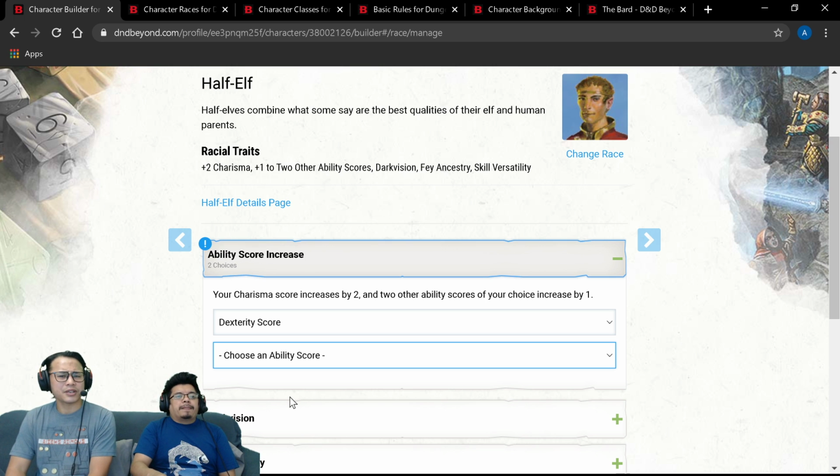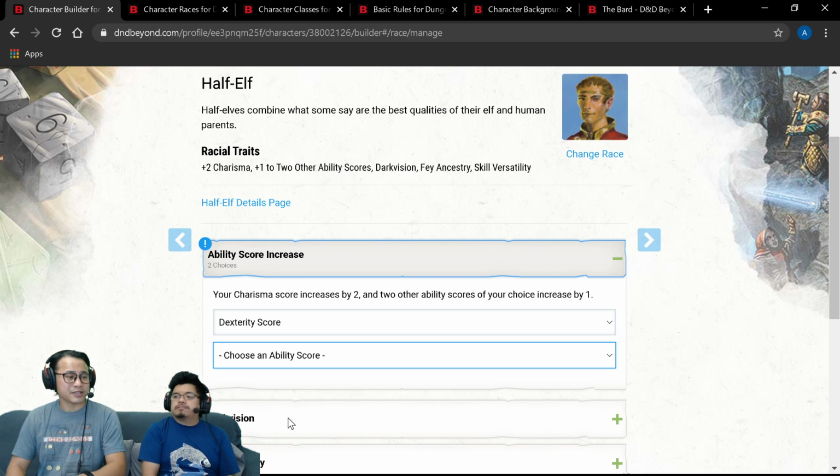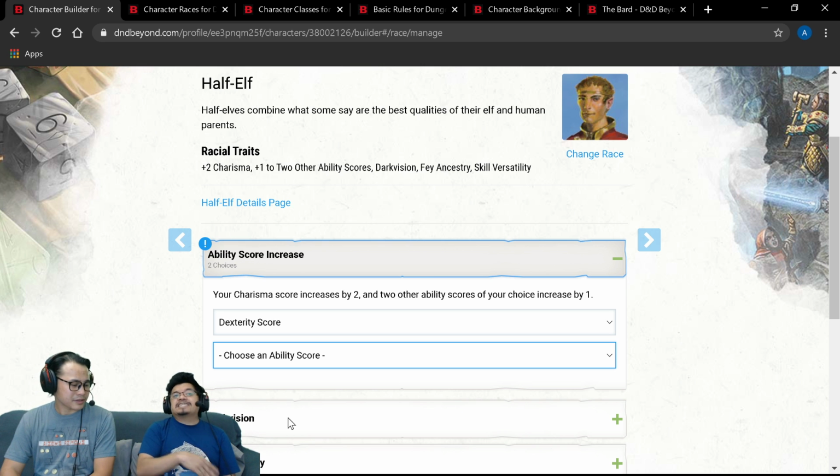Yeah, I would say wisdom. Wisdom is really great to have because that's one of the things that I love is perception, and there are lots of traps, lots of darkness, and you have to be able to notice things. So intelligence, I feel, would help a character in casting spells.